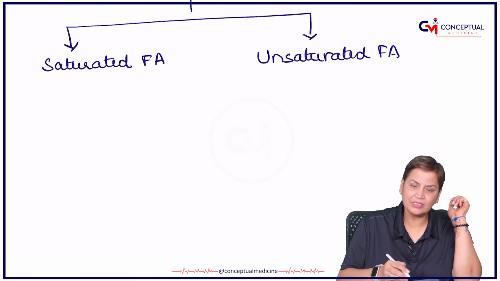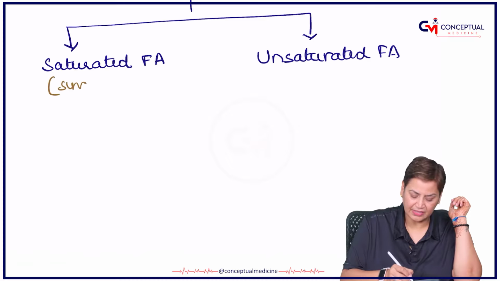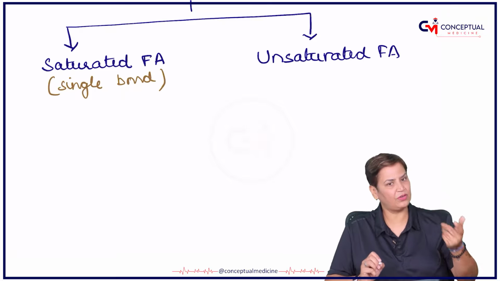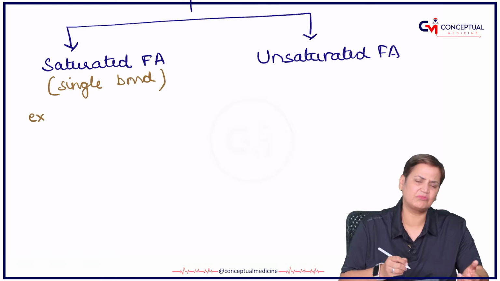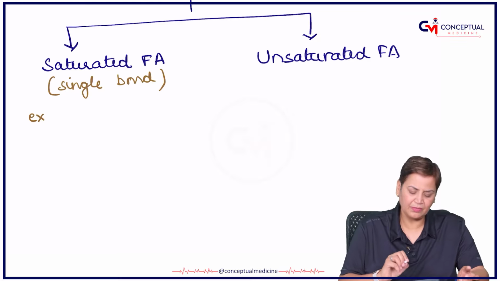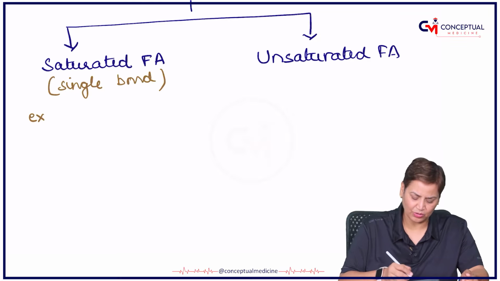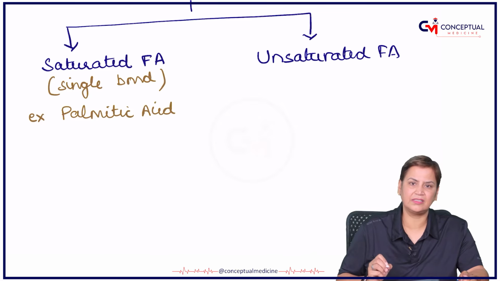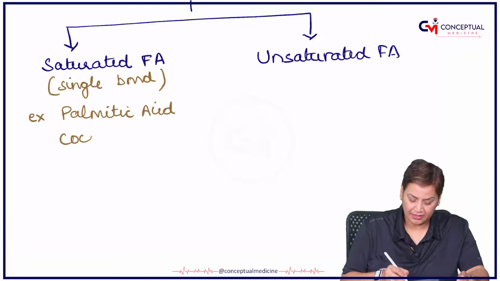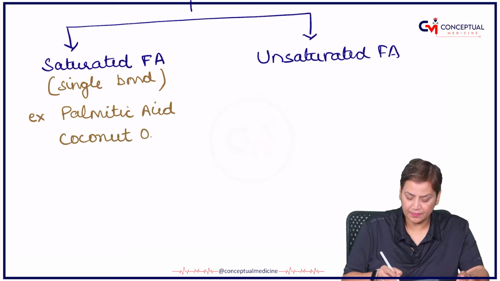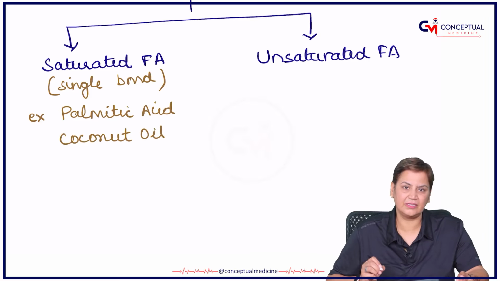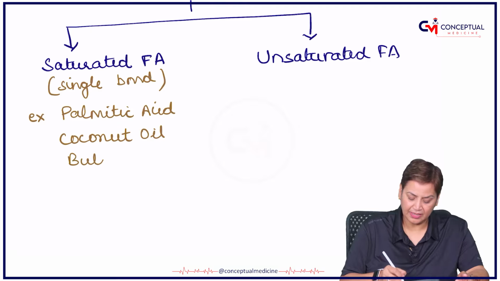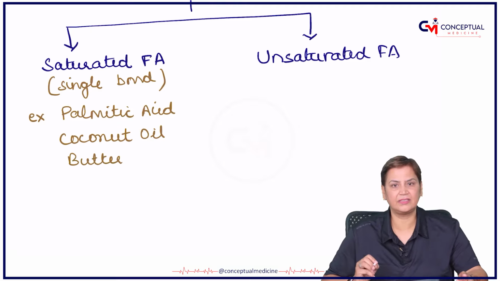Saturated fatty acids obviously have single bonds. There are many examples, but we will stick only to the major ones which you have also heard. Palmitic acid comes under saturated fatty acids. Coconut oil is a rich source of saturated fatty acids. Butter also comes under saturated fatty acids.